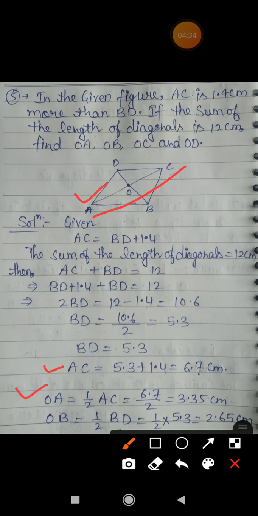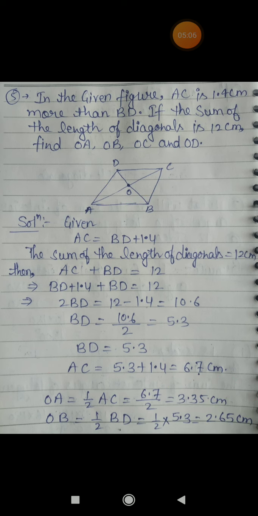Half of 6.7 gives 3.35, and OB is equal to half of BD, which is 5.3 upon 2, and the answer is 2.65 centimeters. So in this way you have to write the values. Clear? Now you have OA and OB.